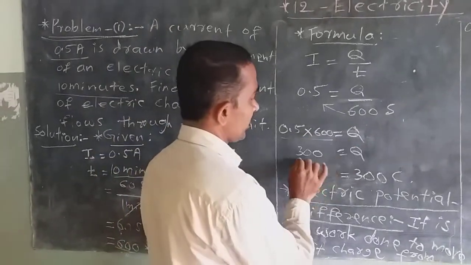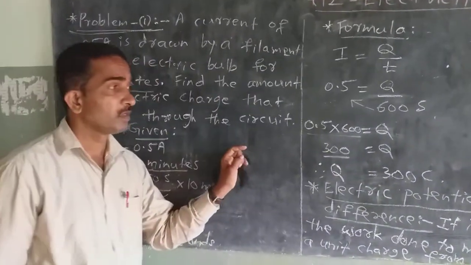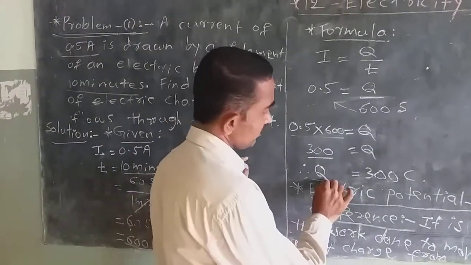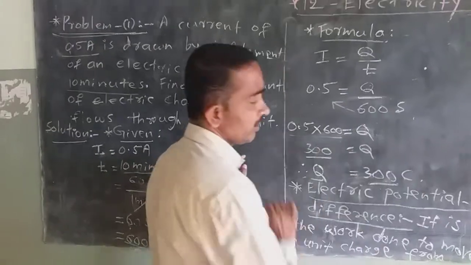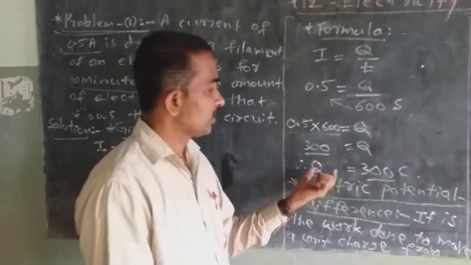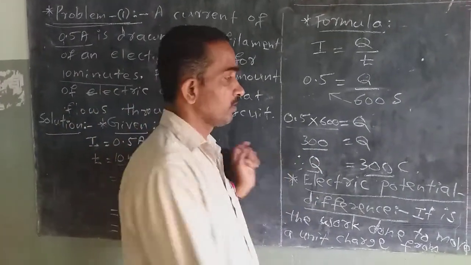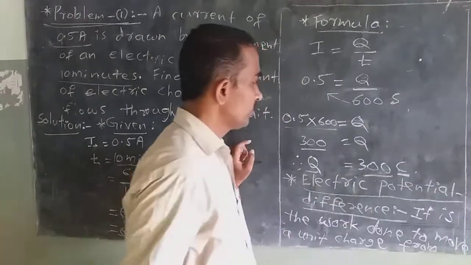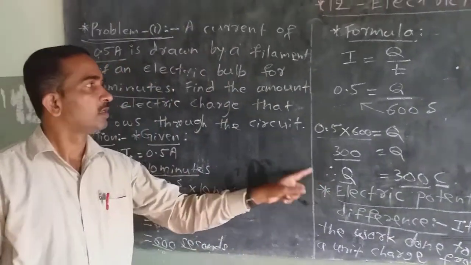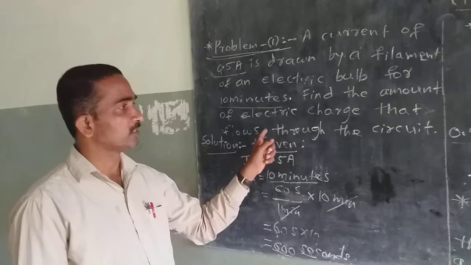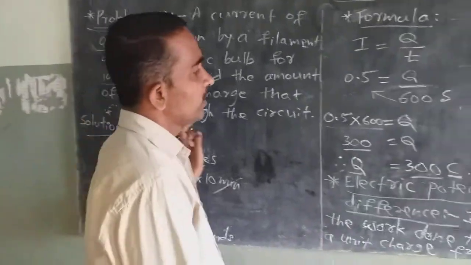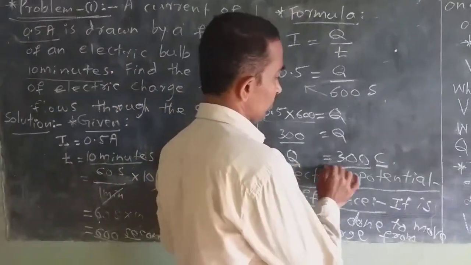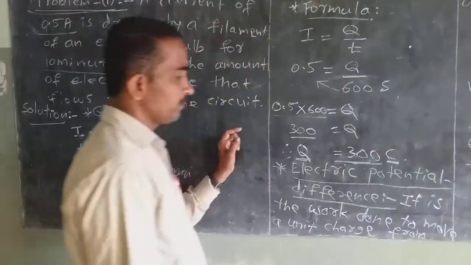This gives answer as 300. Means Q equals 300. SI unit of Q, electric charge, is the coulomb, C. It means the flow of charges in a circuit, Q equals 300 coulomb.